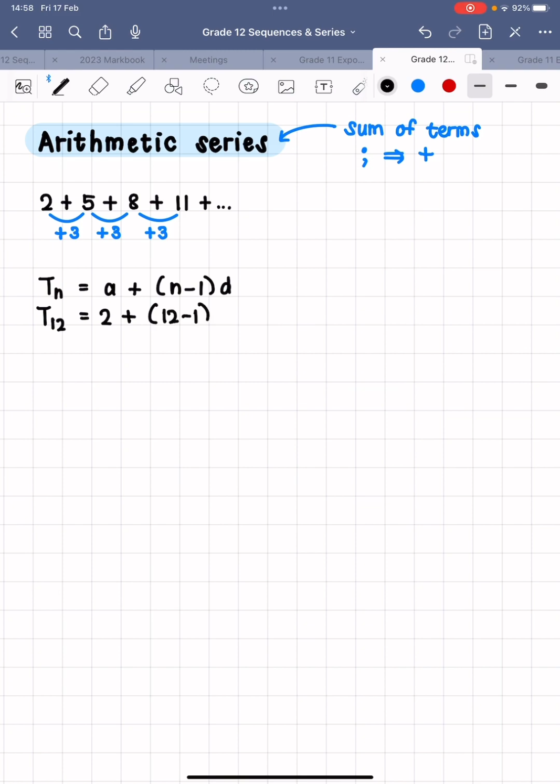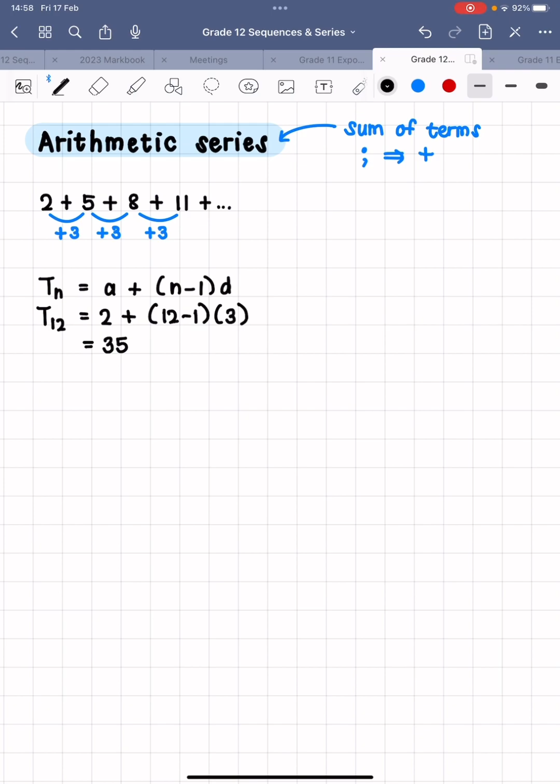So I'm going to do 12 minus 1. You are allowed to just write 11 straight away, and then multiplied by our constant difference, which is 3. And that will still give us an answer of 2 plus 33, which is 35. So even though it's a series, we can still answer questions about terms in the series using the TN formula.